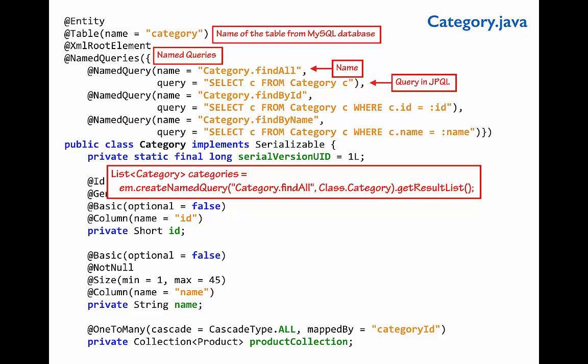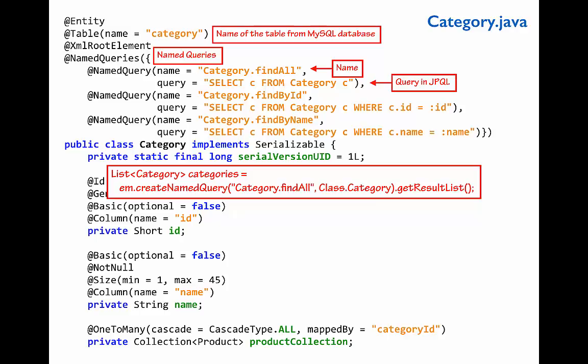The second parameter in the createNamedQuery method, Category.class, indicates the type of the entities to be returned. If this were left out, a raw list of objects would be returned, and you would have to cast the entities in that list to Category objects when you wanted to access them.